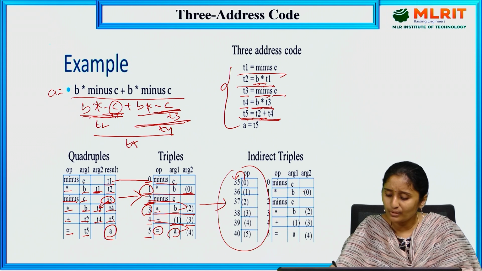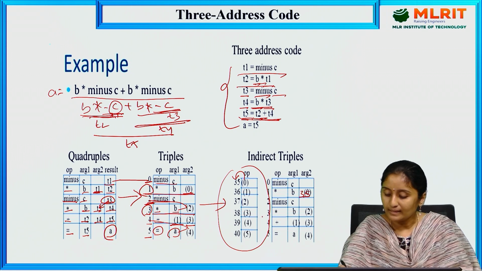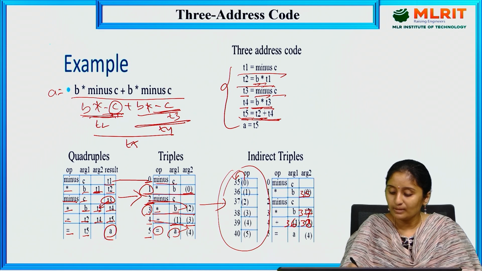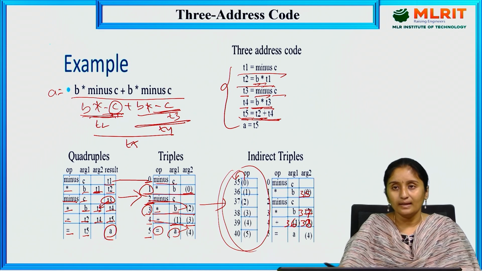So here, 0 is nothing but 35, 2 is nothing but 37, 1 is nothing but 36, and plus 3 is nothing but 38. Addresses we are just going to use. So that is the difference between triples and indirect triples.